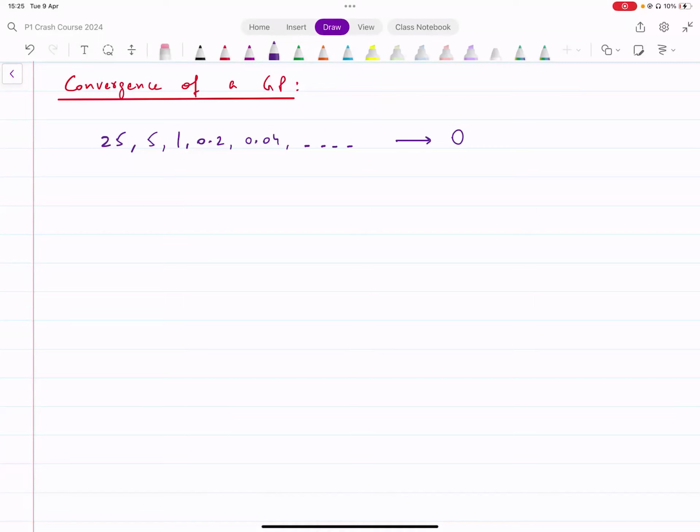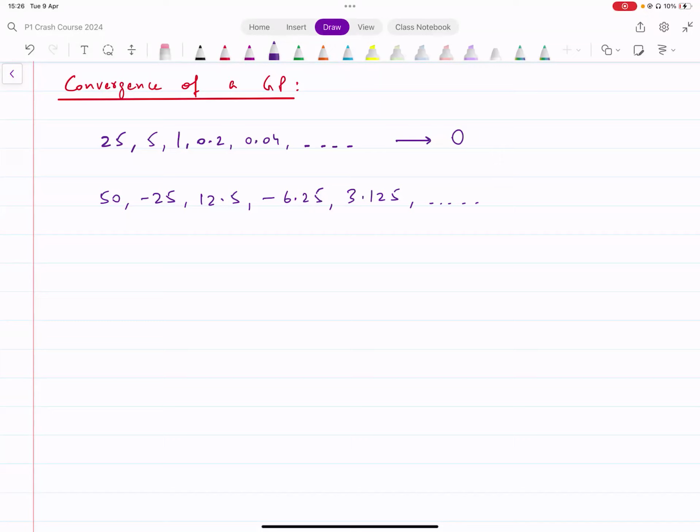Let's take another sequence. Let's say you've got 50, minus 25, 12.5, minus 6.25, 3.125, and so on. Now, in this case as well, even though the sign is changing, the first value is positive, then negative, then positive again, then negative again, in terms of magnitude the values are becoming smaller.